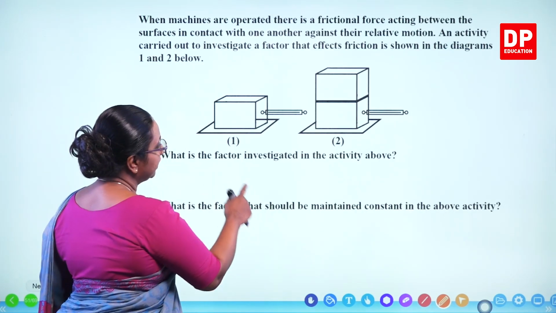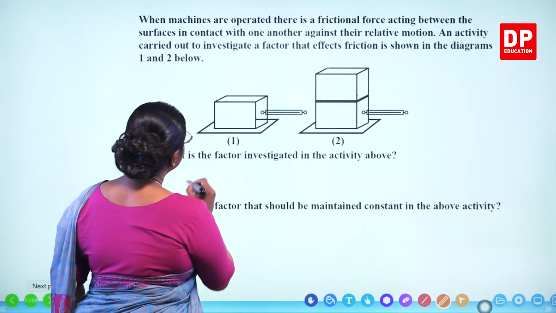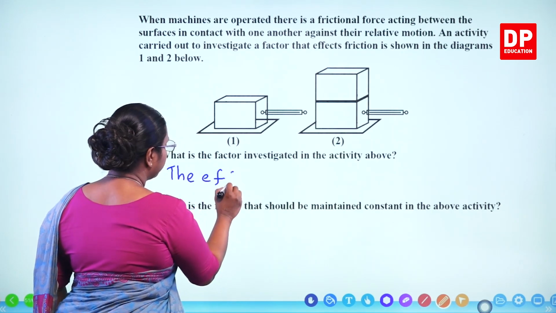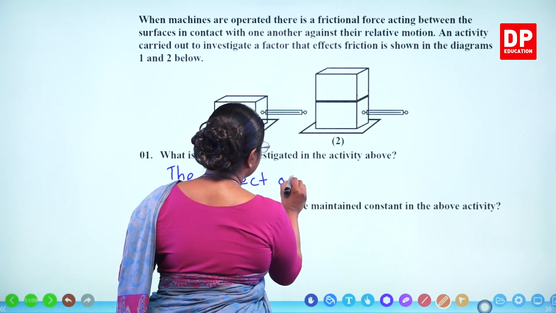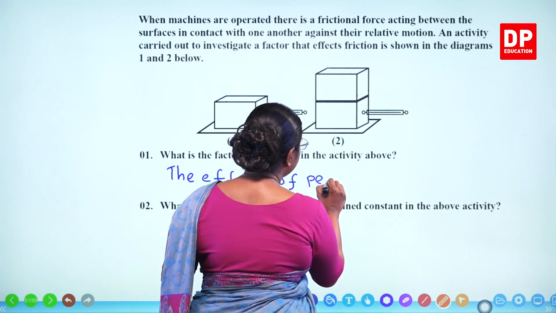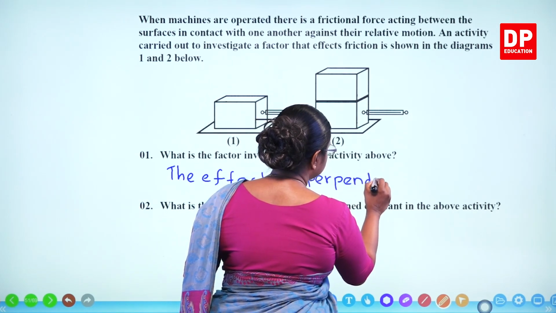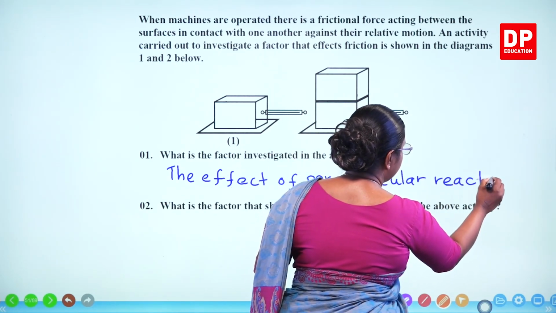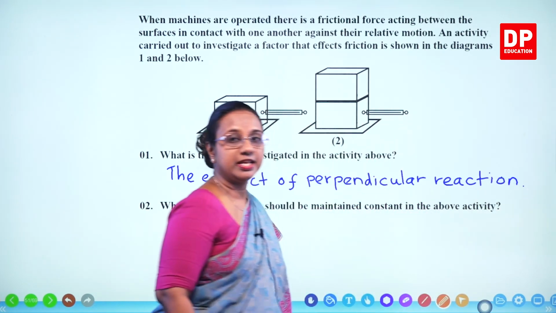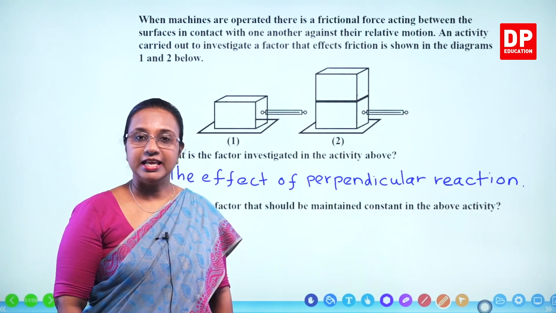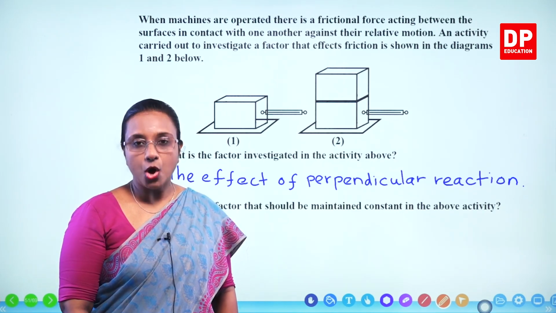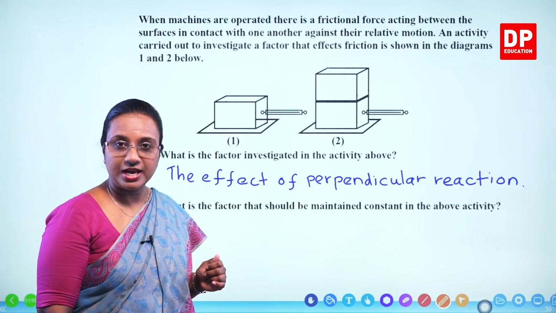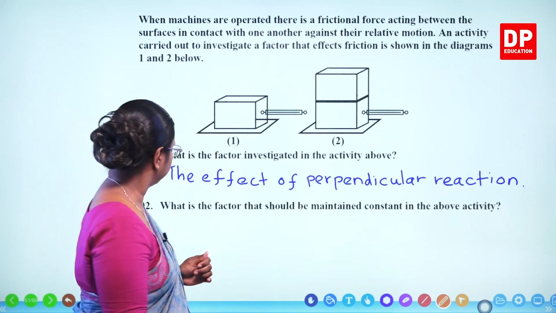What is the factor investigated in the activity? For this, you can say the effect of perpendicular reaction. There is another name for perpendicular reaction. You all know that name. What is it? It's normal reaction. So, instead of perpendicular reaction, you can also write normal reaction.